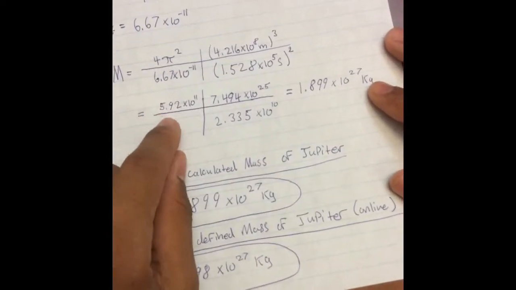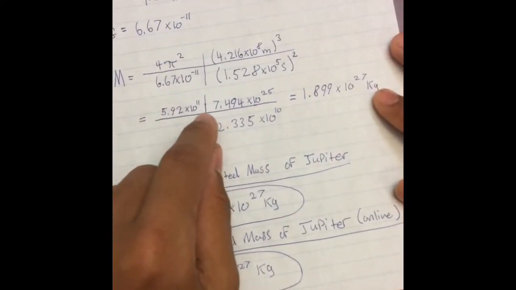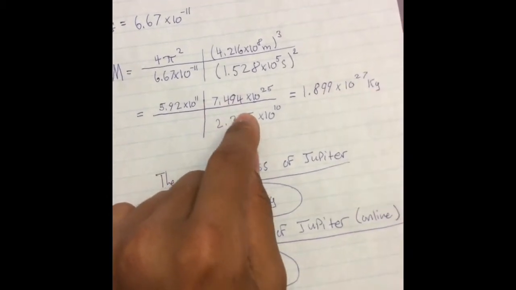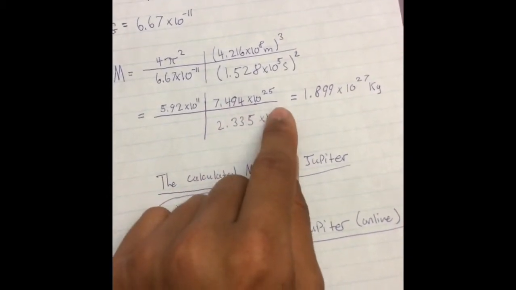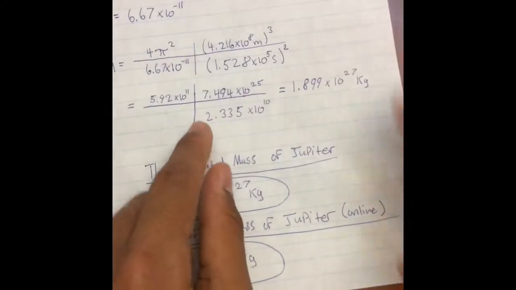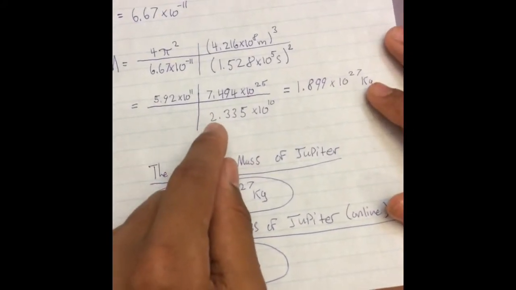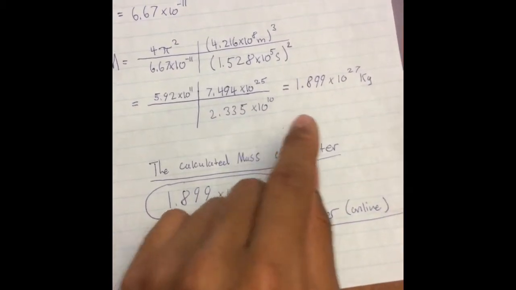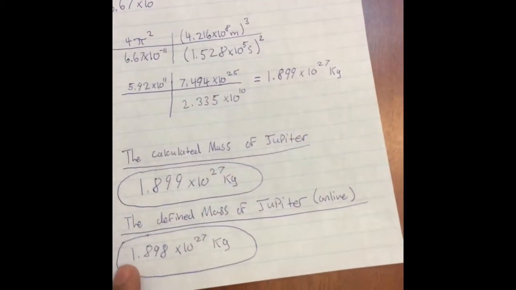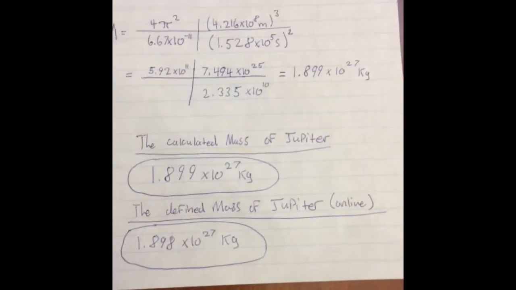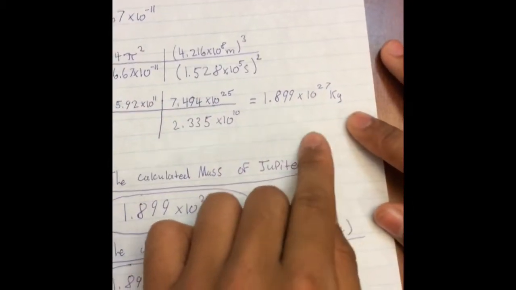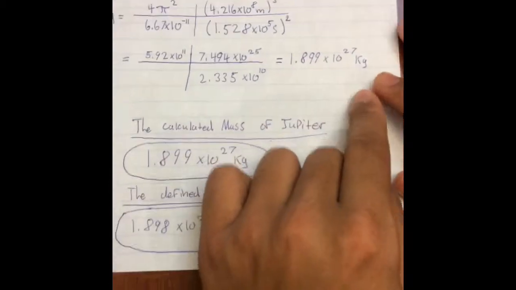It becomes 5.92 times 10 to the 11th times 7.494 times 10 to the 25th, which is the orbital radius, over the orbital period, which is 2.335 times 10 to the 10th. The calculated mass of Jupiter is, of course, then 1.899 times 10 to the 27th power kilograms.